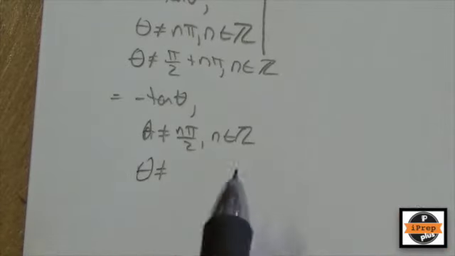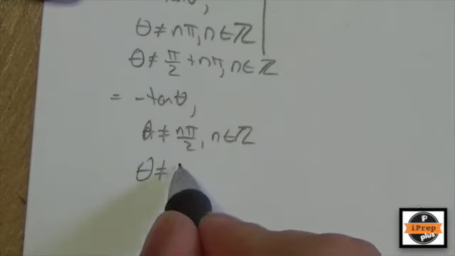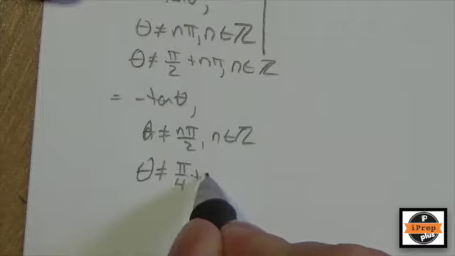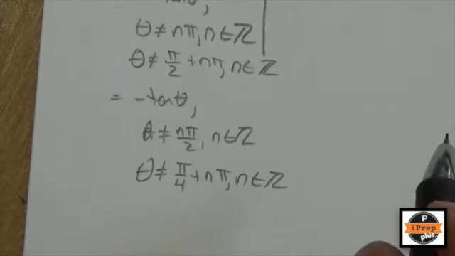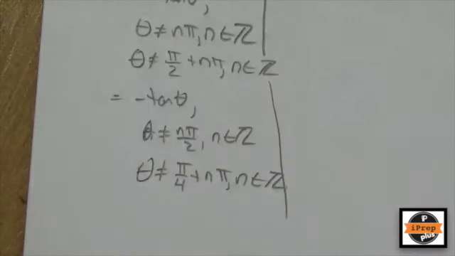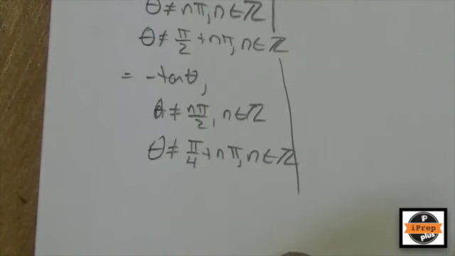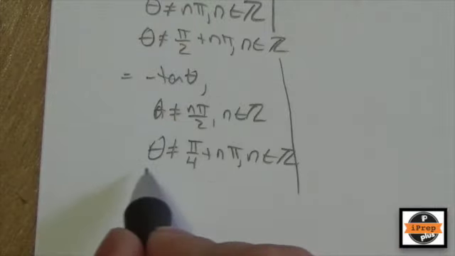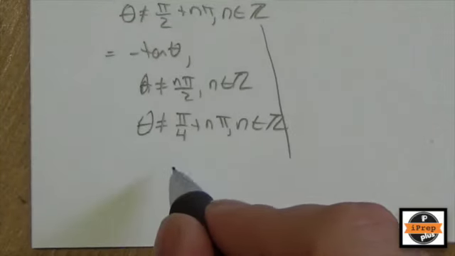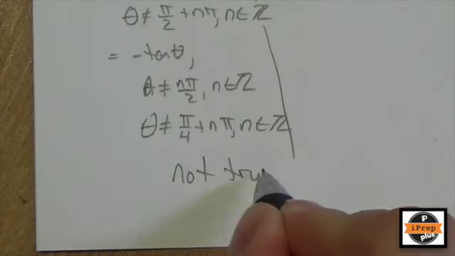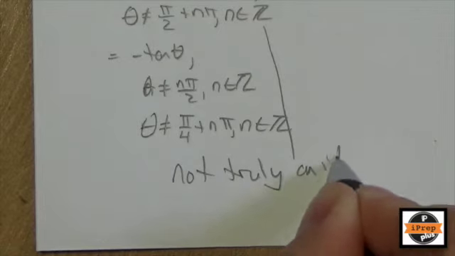Theta on the left-hand side cannot equal pi over 4 plus n pi, where n is an element of the integers. So it turns out this is not exactly an identity. It's not 100% correct here, because this one has this added restriction that the right-hand side doesn't have. So this is not truly an identity.